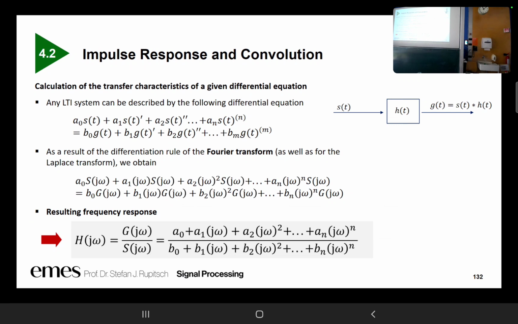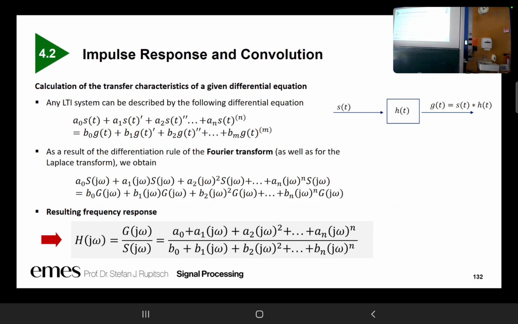Pretty simple. The only thing we have to notice is what happens with the derivatives in the frequency domain. What happens to a derivative with respect to time if we go from the time domain to the frequency domain by means of the Fourier transform?